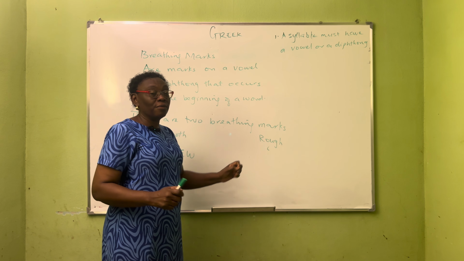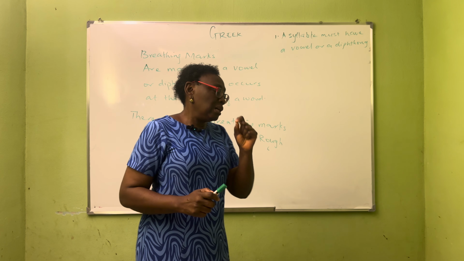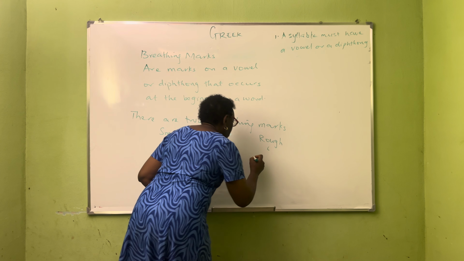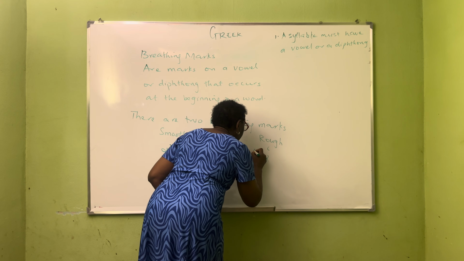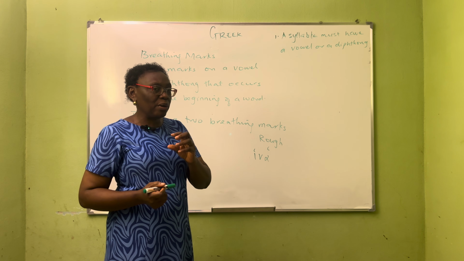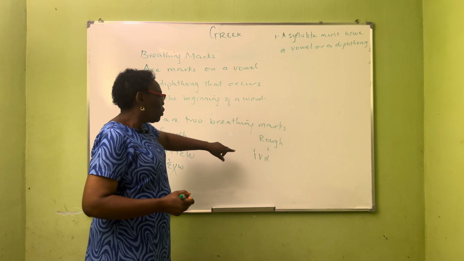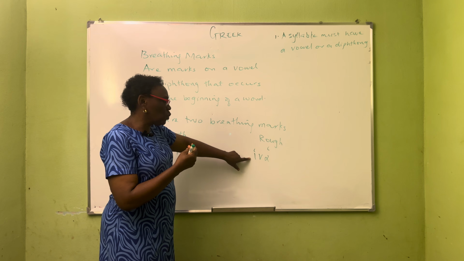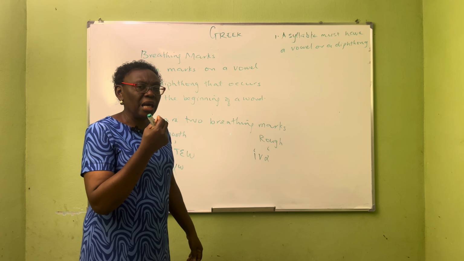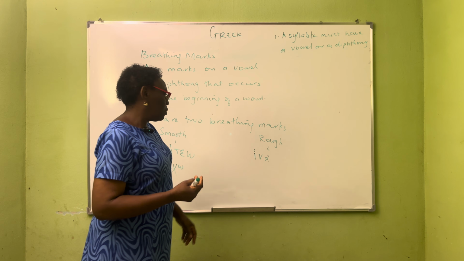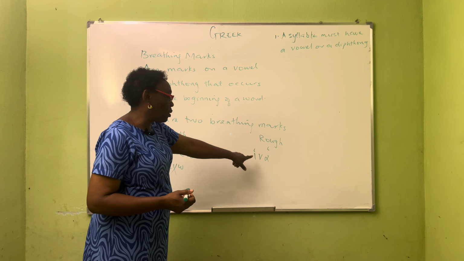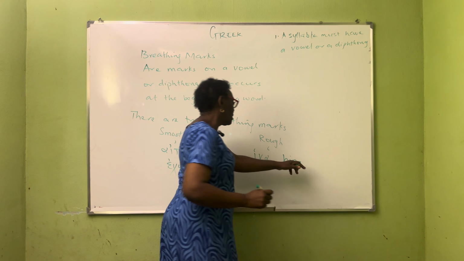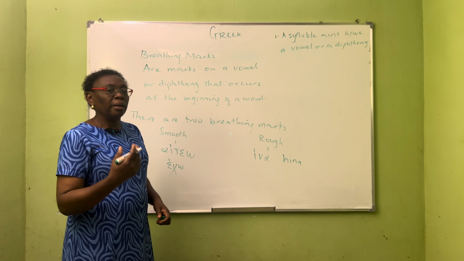But if a word has a rough breathing mark, then we need to take note. So we have a word like this, hina, hina. Did you notice how I pronounce it? Hi. So your rough breathing mark makes you pronounce this word as if you are starting with H. If I do a transliteration of this word, I'll put the H, so it's hina.